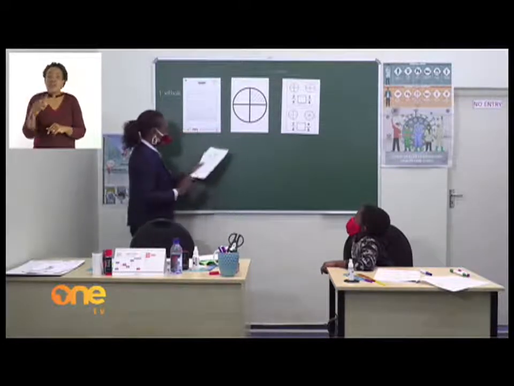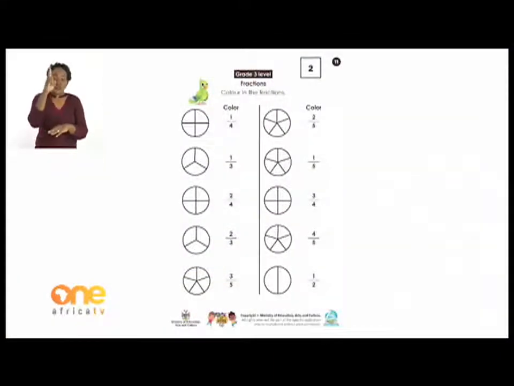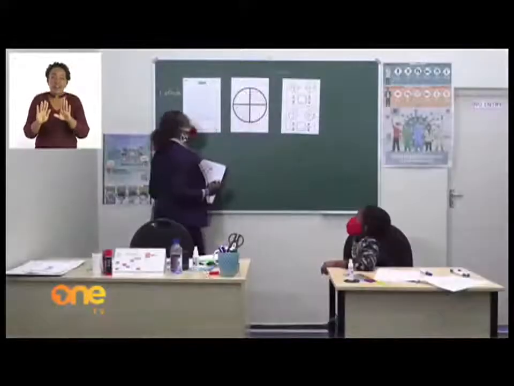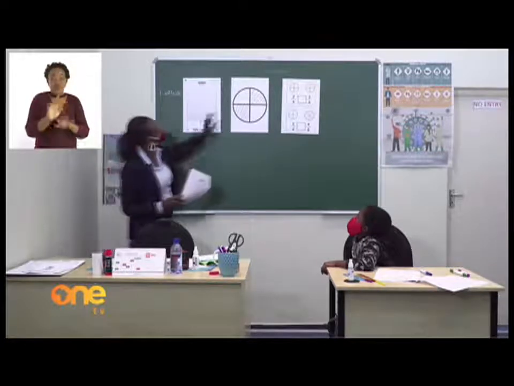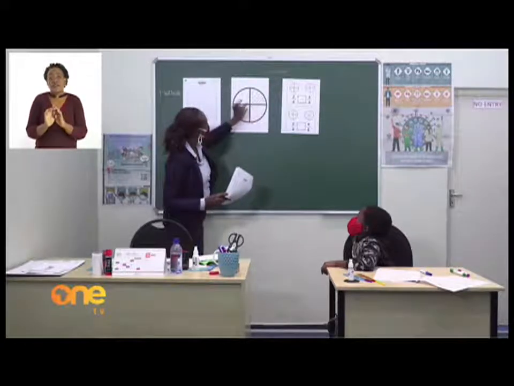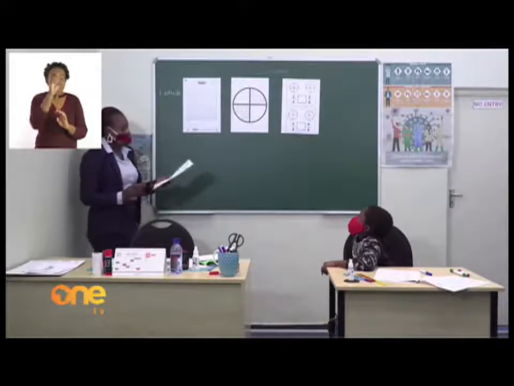Let me do another example again. 2 over 4. It means we can also color here. Which means 2 pieces of pizza out of 1, 2, 3, 4 pieces. Okay.